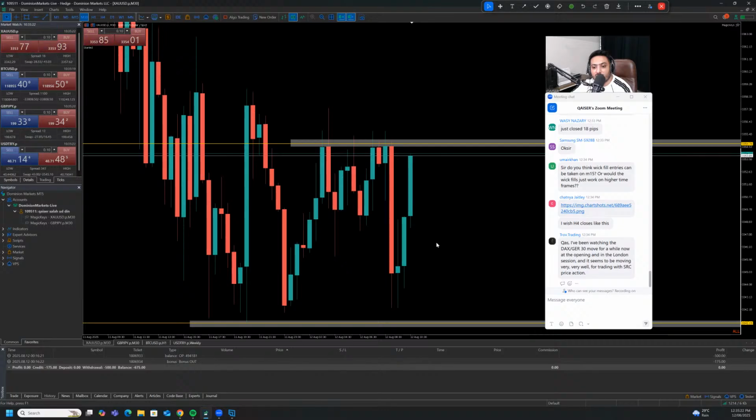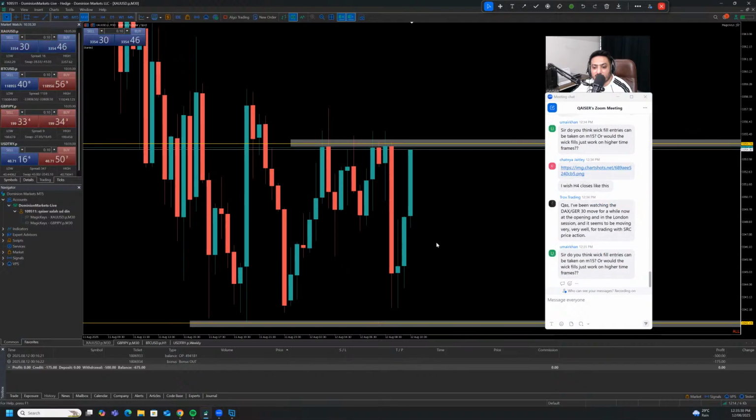I have been watching the DAX or GER30 move for a while now, at the opening and in the London session, and it seems to be moving very well for trading with SRC price action. Actually, SRC price action can be implemented on all pairs.